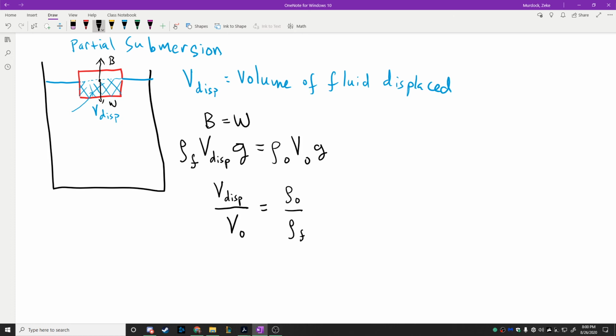If it's floating, object density versus fluid density, which one's bigger? This is going to be less than 1, right? So it's basically going to produce what we call the fraction, f, of the object that's actually above the surface.